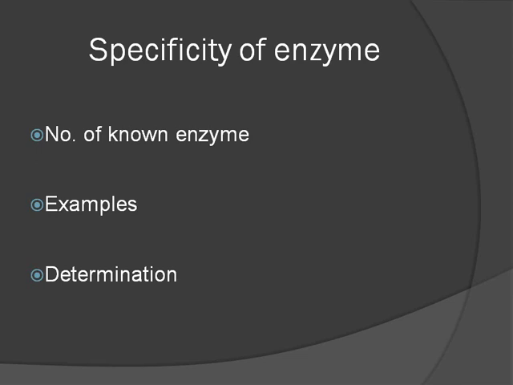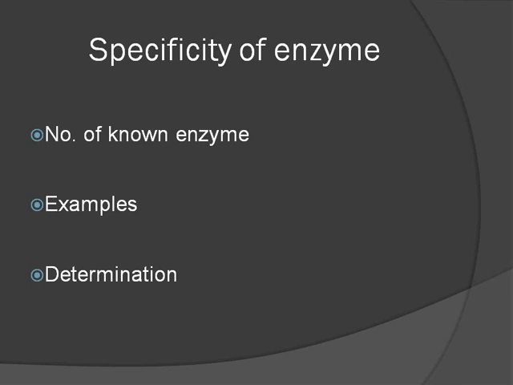Examples include the enzyme protease, which breaks peptide bonds in proteins and will not work on starch. It means the enzyme of protein, that is protease, does not work on starch molecules or lipid molecules, because lipids have other molecules and starch has different ones.